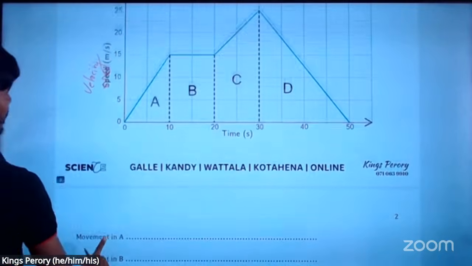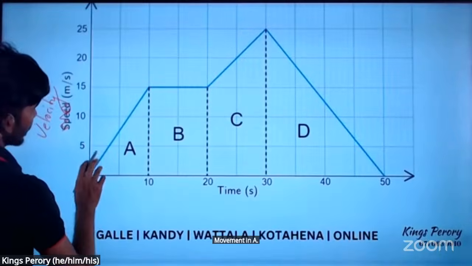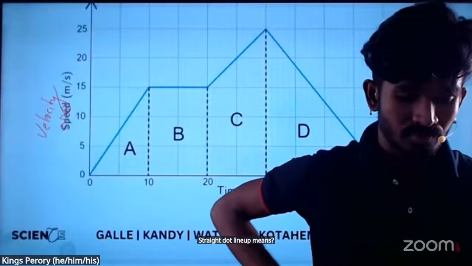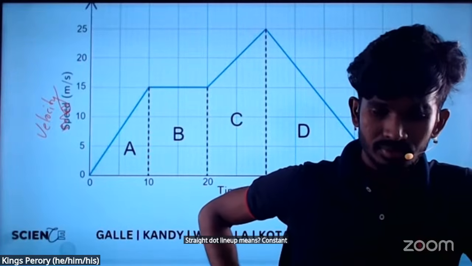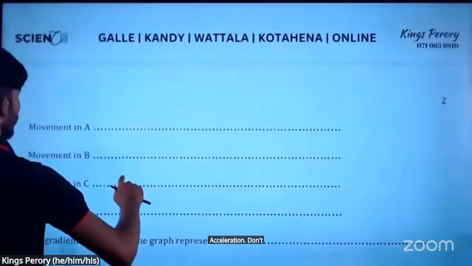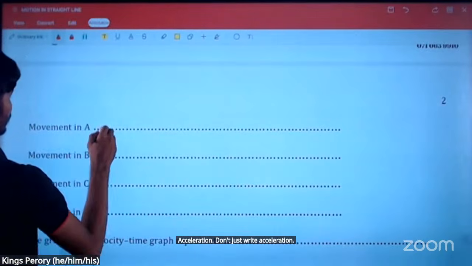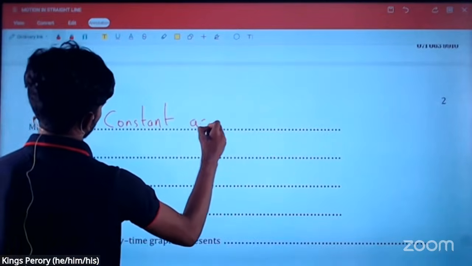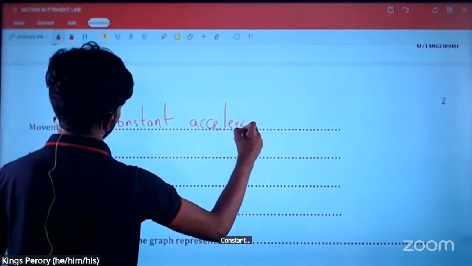Movement in A. Tell me what is happening in A. Straight flat line up. Straight flat line up means constant acceleration. Don't just write acceleration. Constant acceleration.